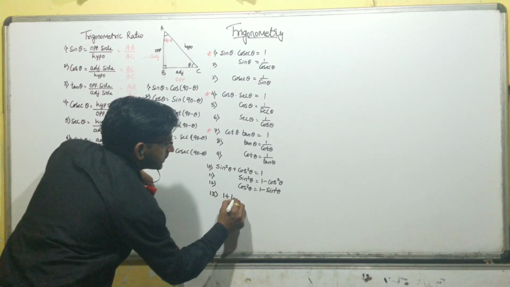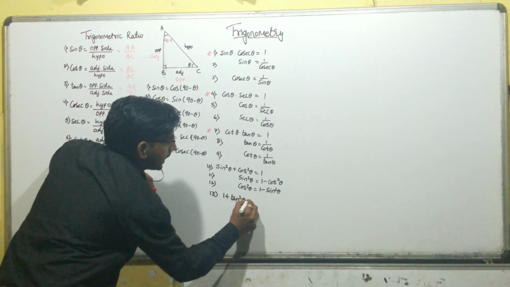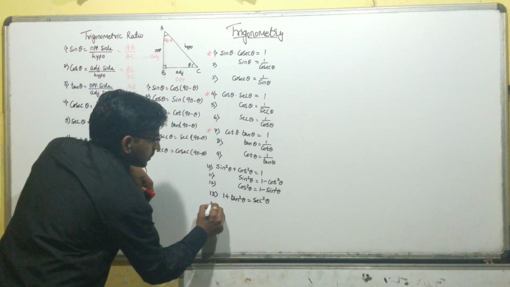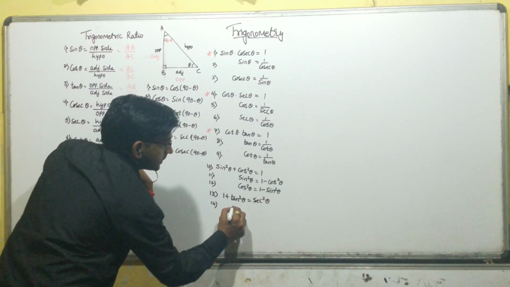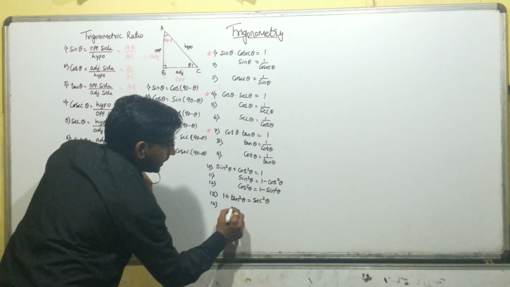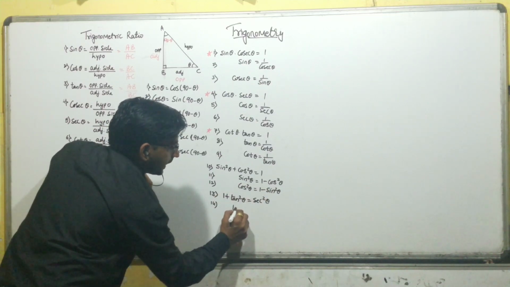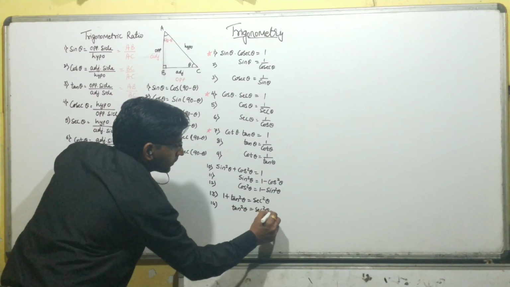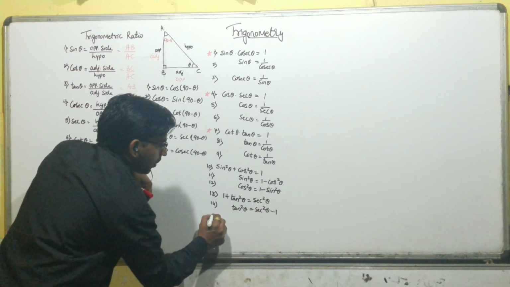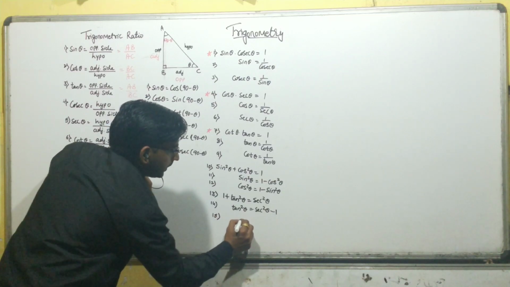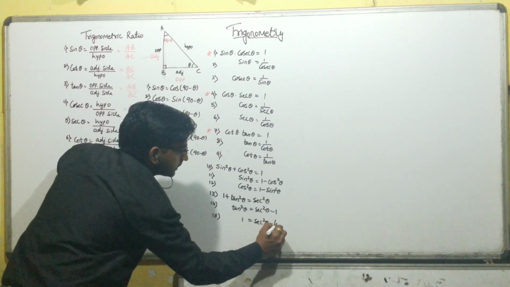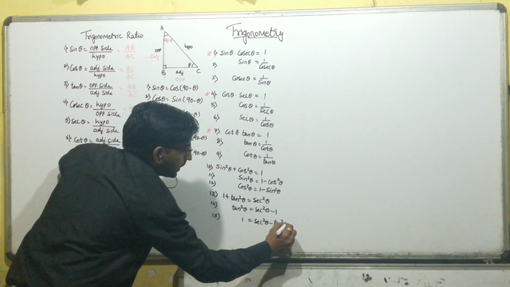1 plus tan square theta is equal to sec square theta. So that is, with 1 we will take this side. So tan square theta is equal to sec square theta minus 1, or 1 is equal to sec square theta minus tan square theta.